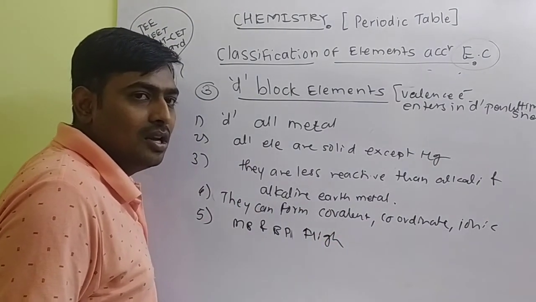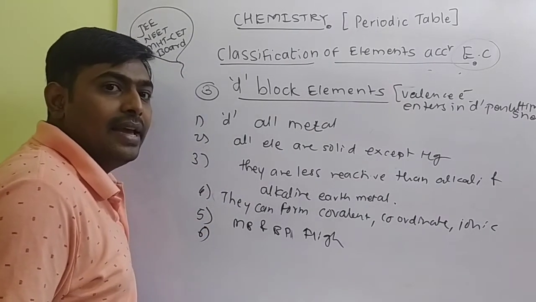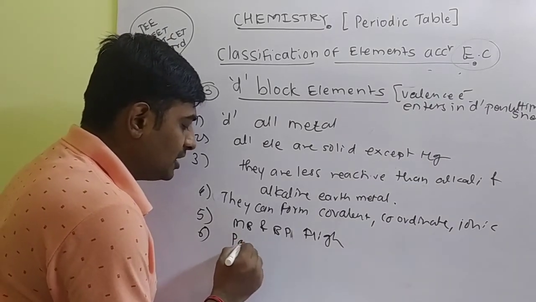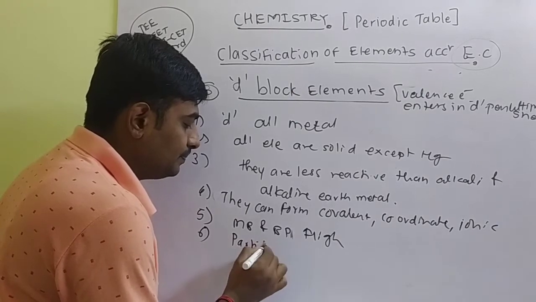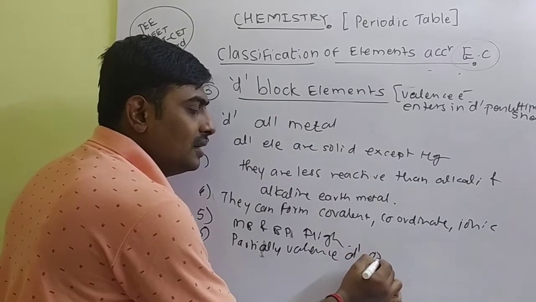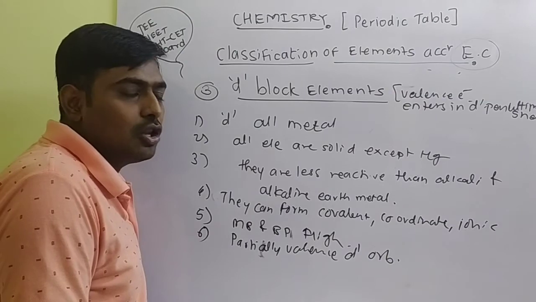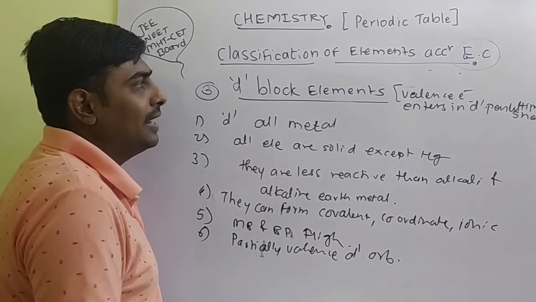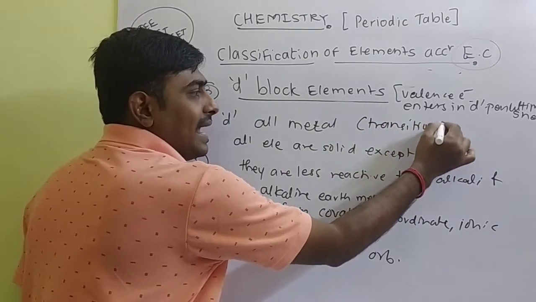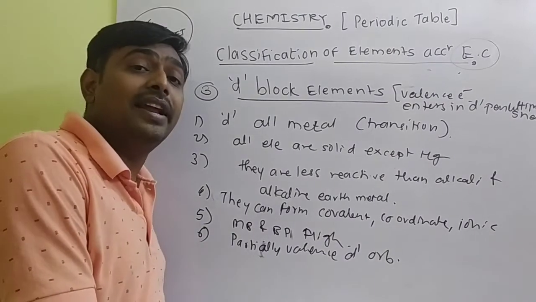D block elements contain one more interesting thing: they contain an incomplete or partially filled valence d orbital shell. Zinc, cadmium and mercury are the last elements of the D block, included in the d block but not in the transition metals. They are not called transition elements because their valence shell is already completed.